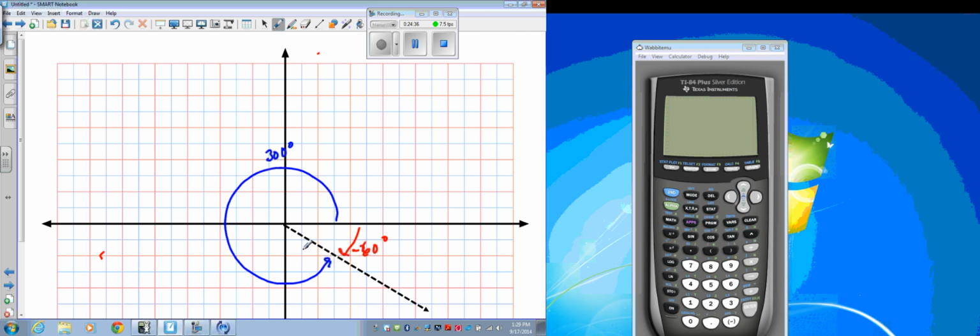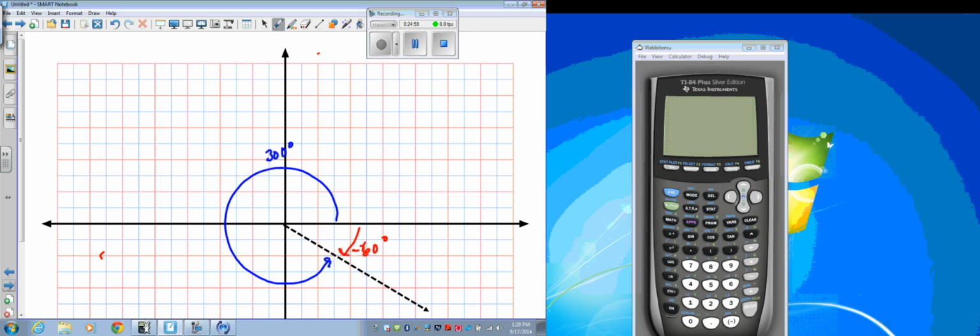This is the closest one. If I'm in this quadrant, the closest x-axis is back here, right? If this dashed line is up in this quadrant, then the reference angle is here.